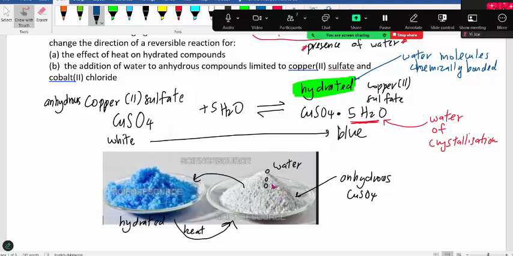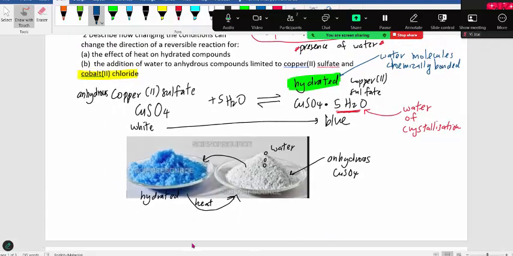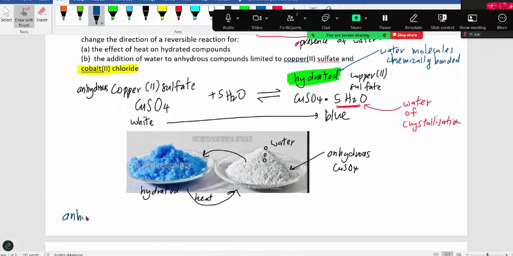The other thing that can be used to test for the presence of water is cobalt(II) chloride. Same thing. Anhydrous cobalt(II) chloride, but the color is different. Now it's the other way around: anhydrous cobalt(II) chloride is blue.